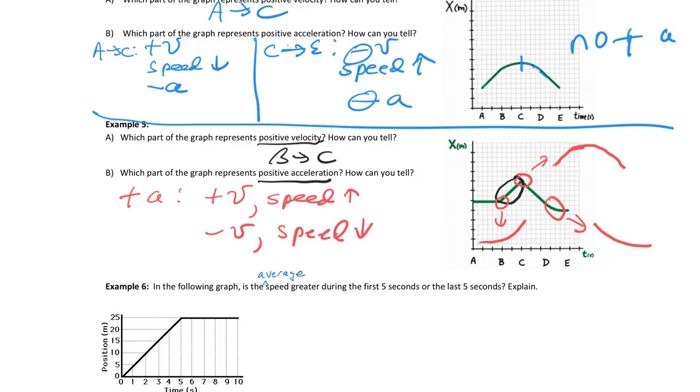So let's check this out. Right here we have positive velocity and the speed is increasing. So right there would be an answer, so at B. Let's check the other ones.